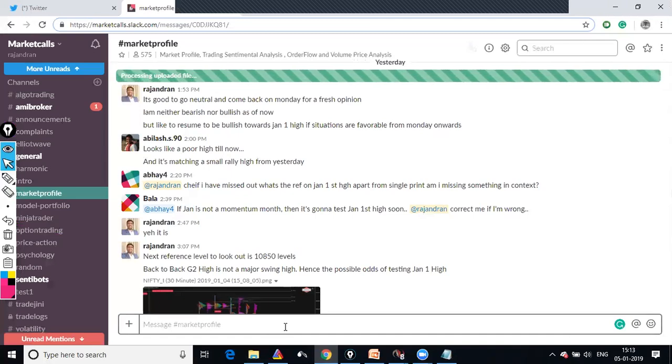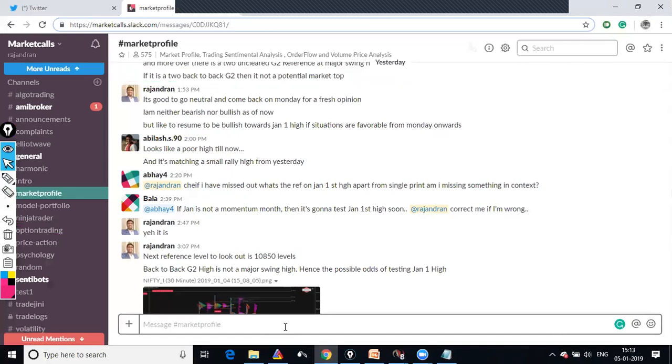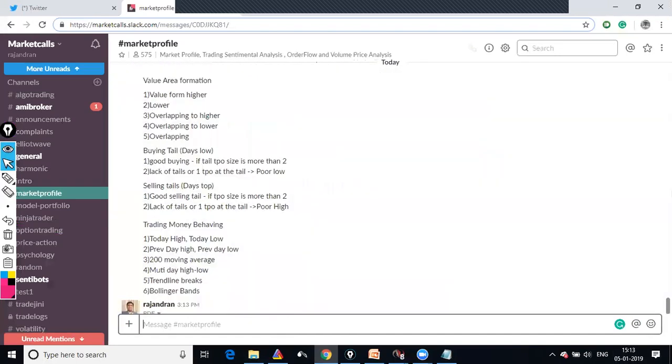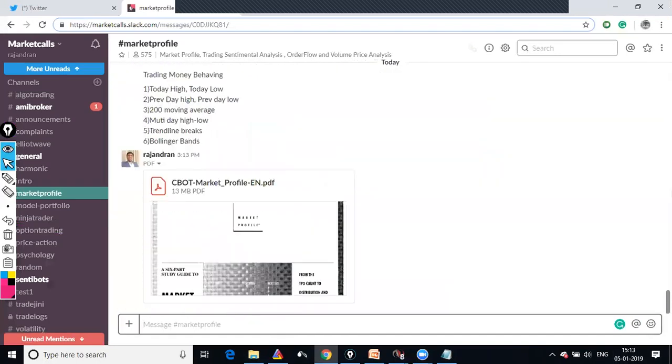All these behavioral aspects are explained in this book. It doesn't discuss any trading strategies, but these are the primary basic requirements. These are the core fundamentals, and on top of that we will be developing trading strategies.